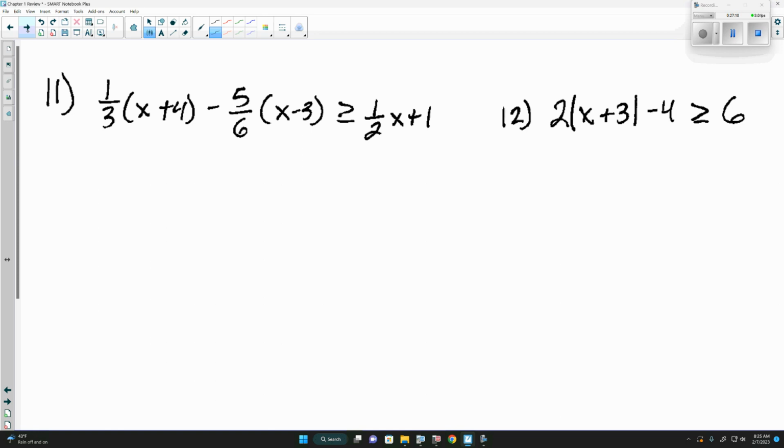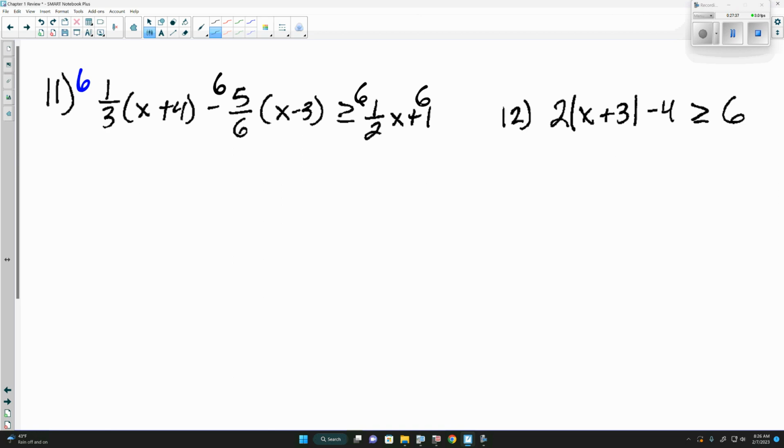11. If we look at this here, the big thing with this is the three fractions that we have, yes? The numbers in the denominator are 3, 6, and 2. If we can multiply it all by a set number to make them go away, what is the first number that 6, 3, and 2 are all divisible by? 6. So I'm going to multiply every term in this by 6.